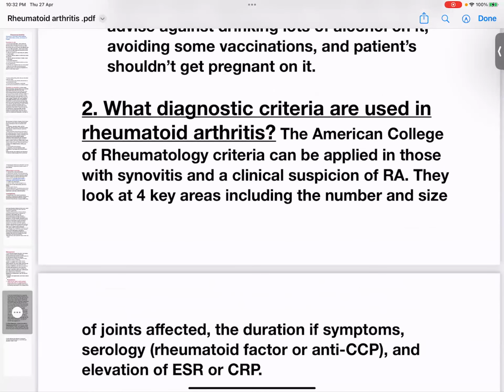What diagnostic criteria are used in rheumatoid arthritis? The American College of Rheumatology criteria can be applied in those with synovitis and a clinical suspicion of rheumatoid arthritis. The criteria include 4 key areas: number and size of joints affected, the duration of the symptoms, and the serology, anti-CCP, and ESR and C-reactive protein.